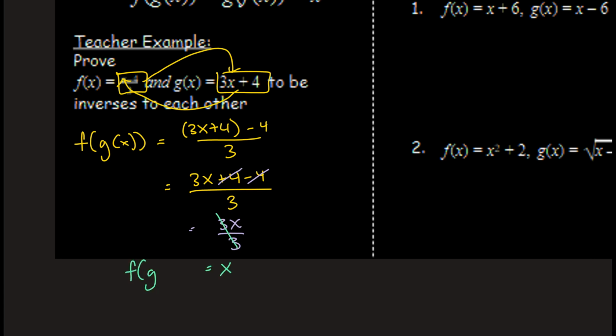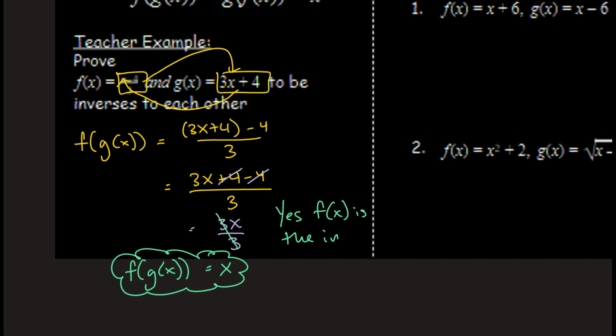So f of g of x is equal to x. Meaning, are these inverses? Yes, f of x is the inverse of g of x. And yes, you do need to write some sort of yes, they are inverses statement.